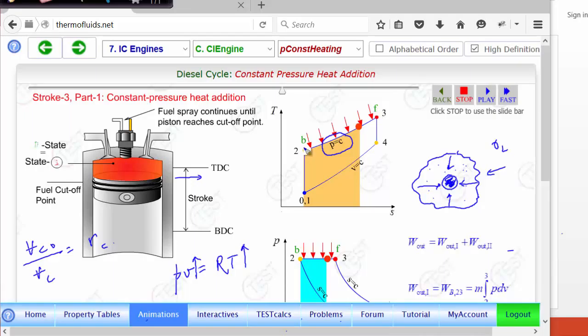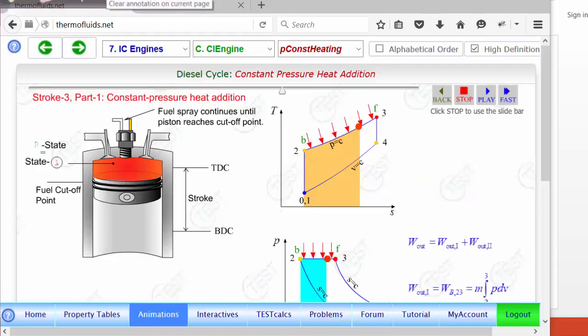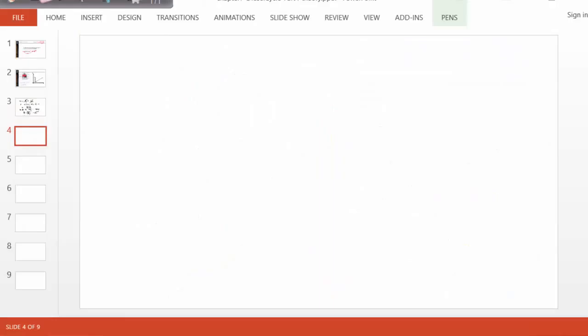So as the process continues from 2 to 3, constant pressure heat addition takes place. The amount of Q in, we can express very easily by analyzing a constant pressure process.